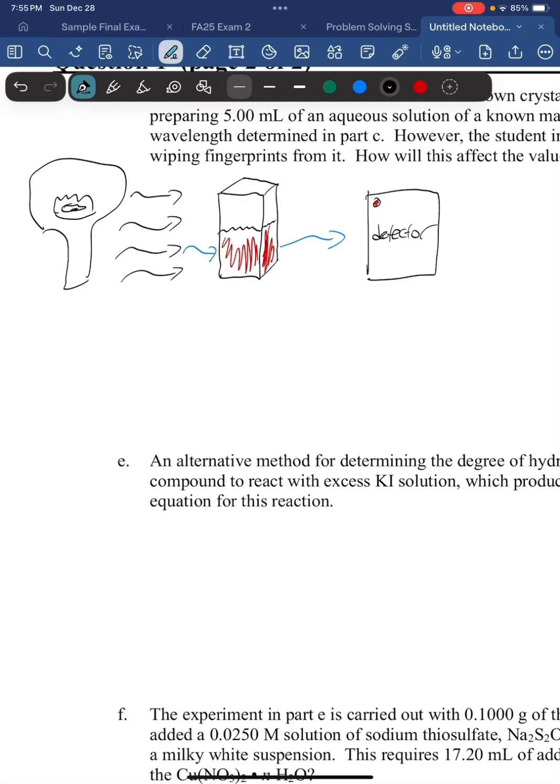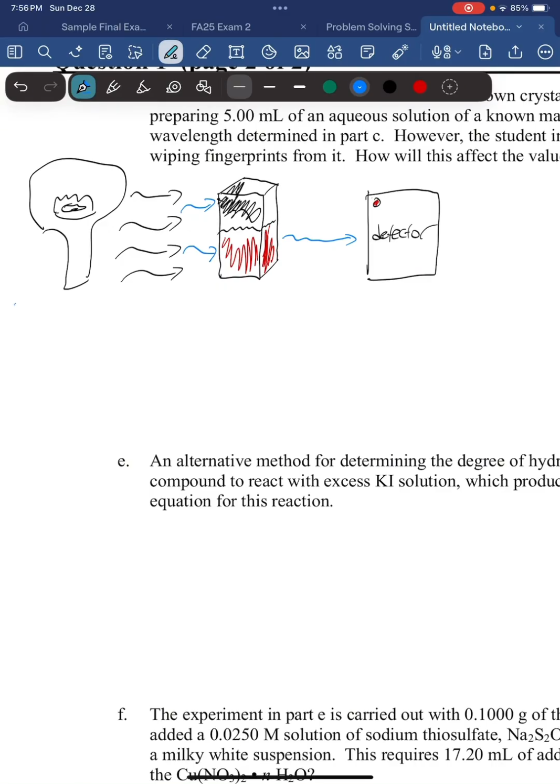So if there's a smudge, for instance, like a fingerprint, let's say there's a smudge here on this side, and the photons interact with it, they'll get absorbed by both the smudge and the solution. So the light that comes off of it will be less than what would otherwise come off if there's no smudge. So the detector will say, okay, because there's less light coming towards me, that means the solution must have absorbed more light.